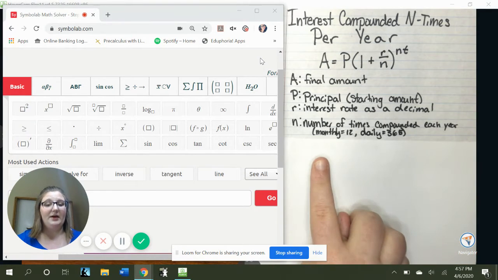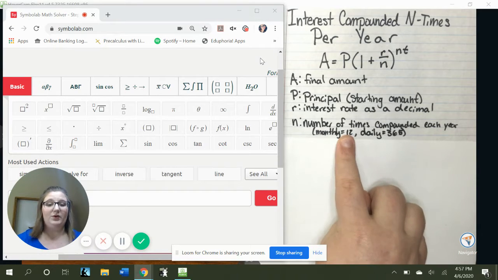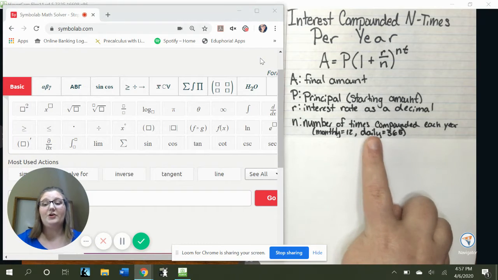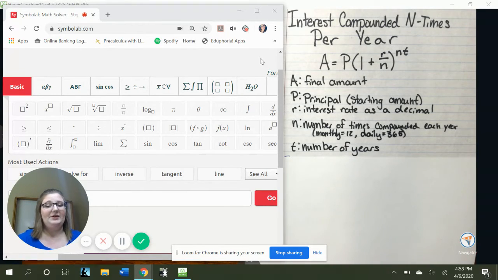There's 12 months in a year, so if it's compounded monthly, n would be equal to 12. If it was compounded daily, there are 365 days in a year, so n would equal 365. Those are the ones you'll see most often, monthly and daily. And then finally, just like with our last formula, t stands for the number of years.